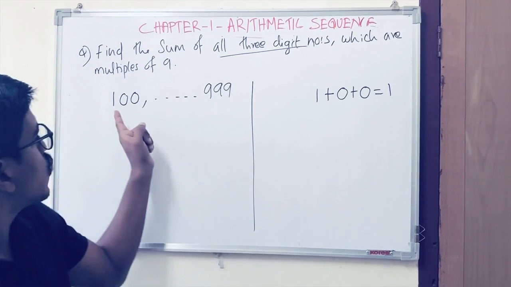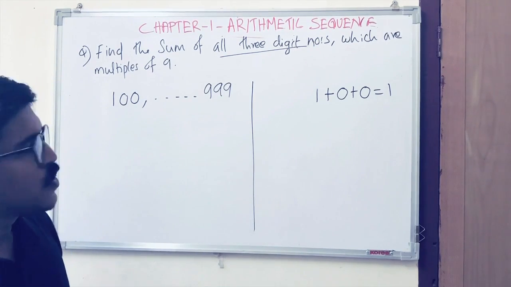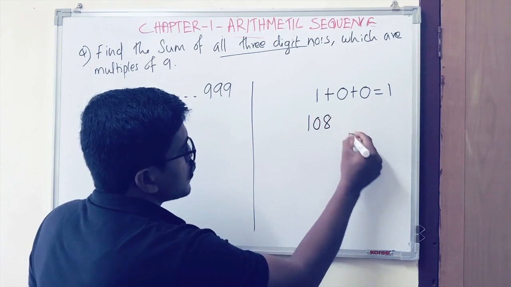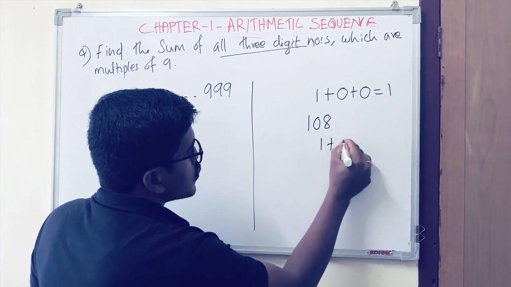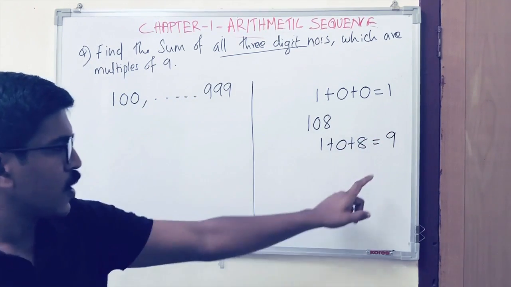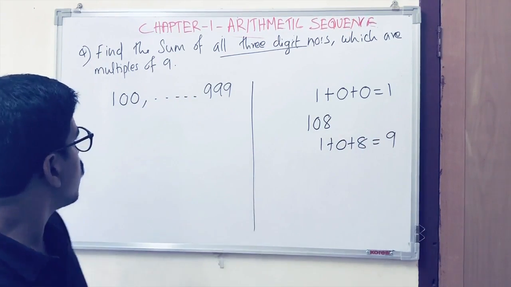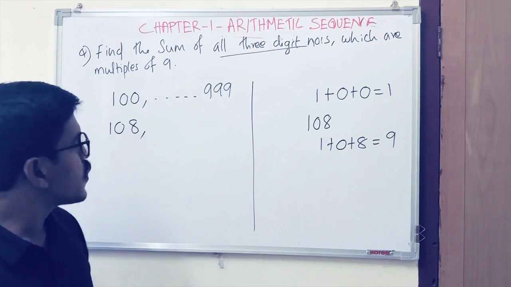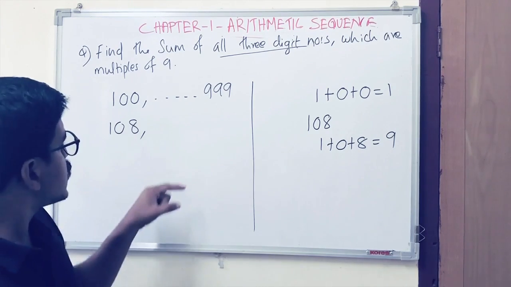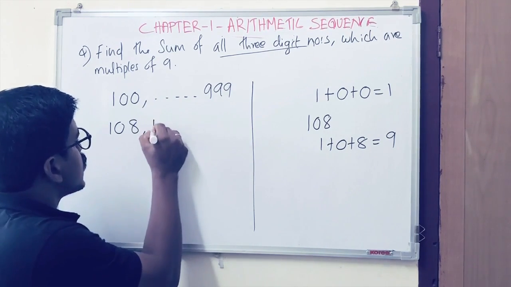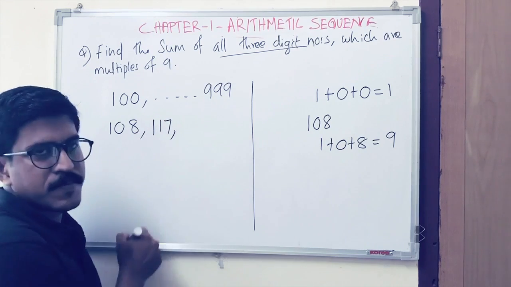So 100 is not in our list. So we can check it here. If I am taking 108, the digits 1 plus 0 plus 8 is a multiple of 9. So our first number is 108. Easily we can find out. And the next term is, you can add 9 because multiples of 9, that is 117 will come.